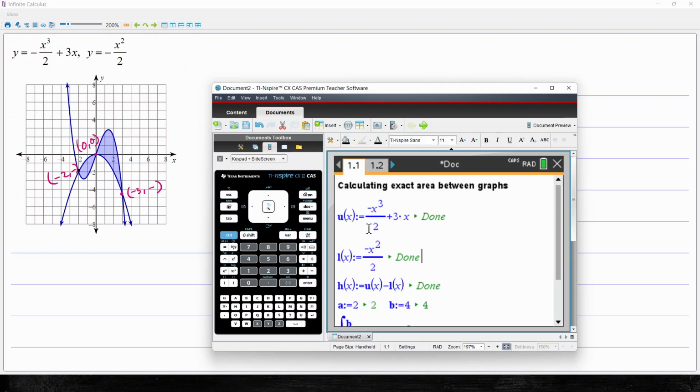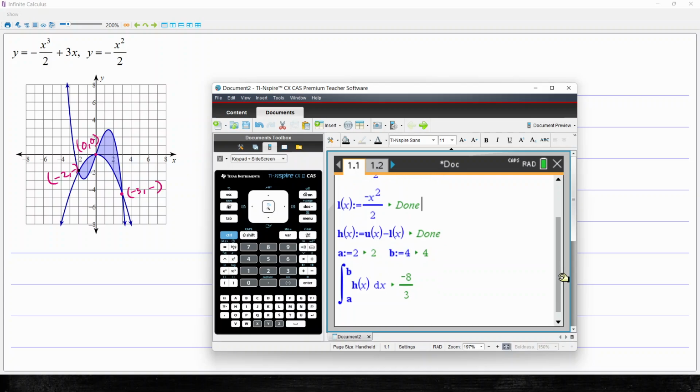So we need to find the areas from -2 to 0. So that is -2 here to 0. And that area came out as -8/3.